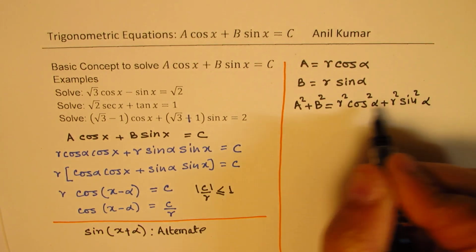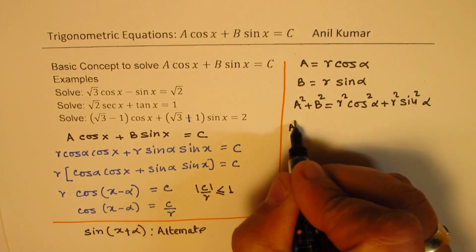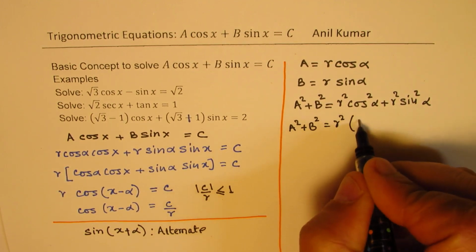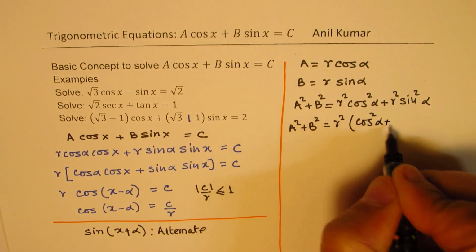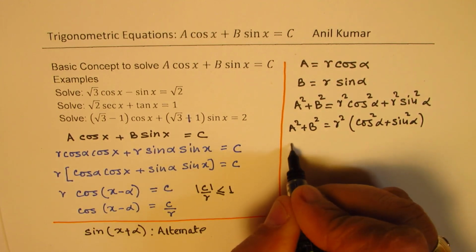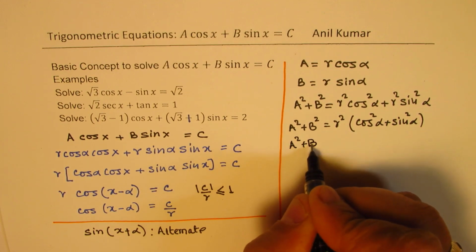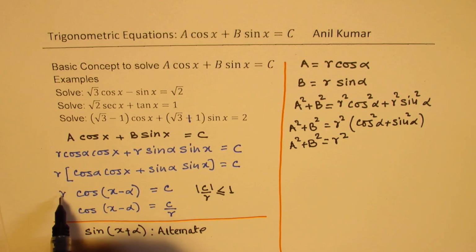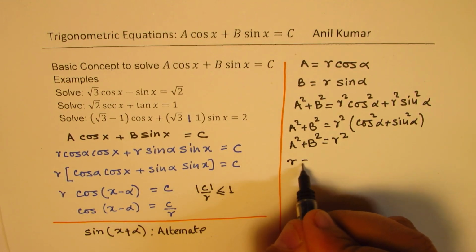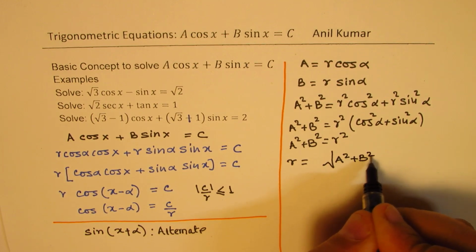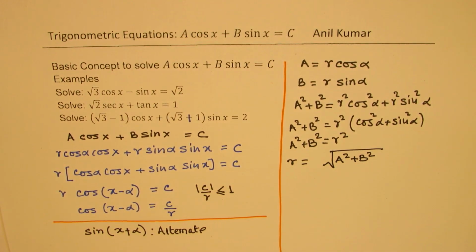So we get a square plus b square equal to r square, and within the bracket we had cos square alpha plus sin square alpha. Now this portion is 1, so a square plus b square equals r square, and that gives you the value of r, right? So we get r equals square root of a square plus b square. Does that make sense to you? So here is one very important result.